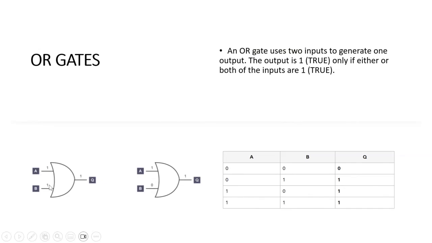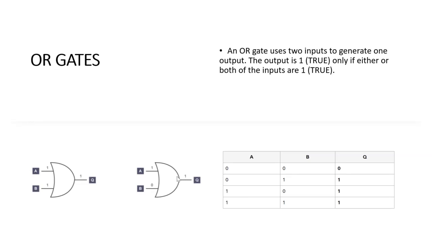So for example, if 1 and 1, it means both are true, then true or true is true. True or false, since it is an OR, is true. Only when false or false, overall the output will be false. So that is the OR gate, and if you see this in a circuit diagram, you should recognize that this is an OR gate.